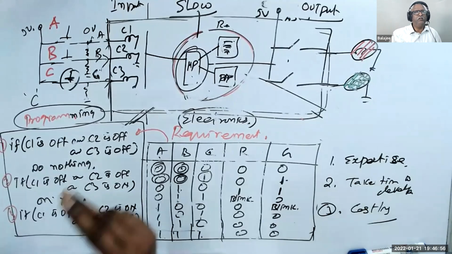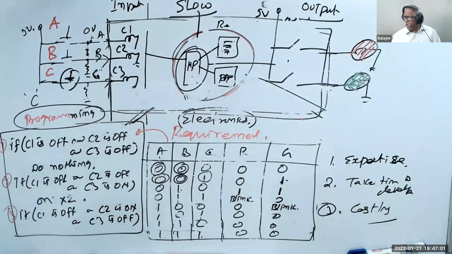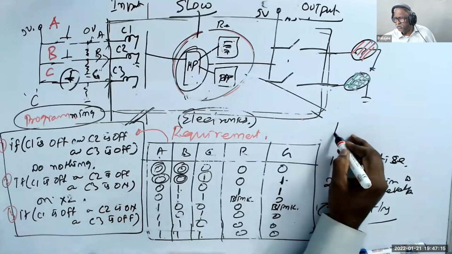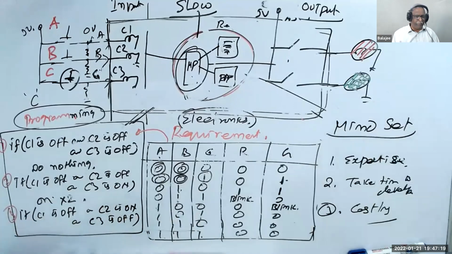But embedded is very cheap. Anybody can do that, and it does not take much time. If you start today morning, by evening you will be able to have a project. The only problem is you have to be very open. The only problem in not learning embedded is your mindset. You think embedded is something great.